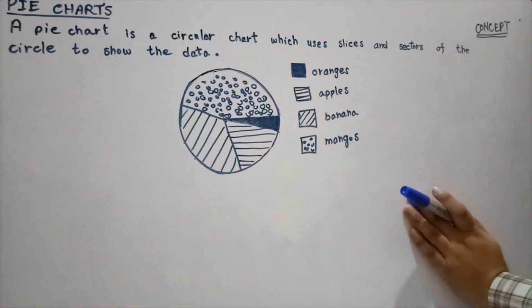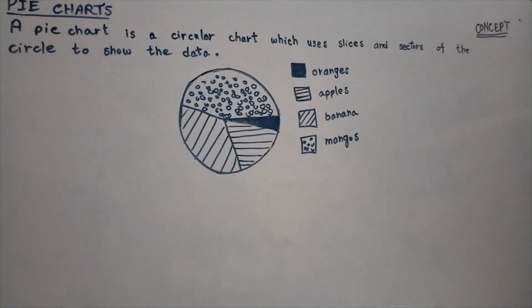Clear? So actually it is a comparison of how much percent of the total we have of oranges, bananas, apples, mangoes. How much percent of the total.